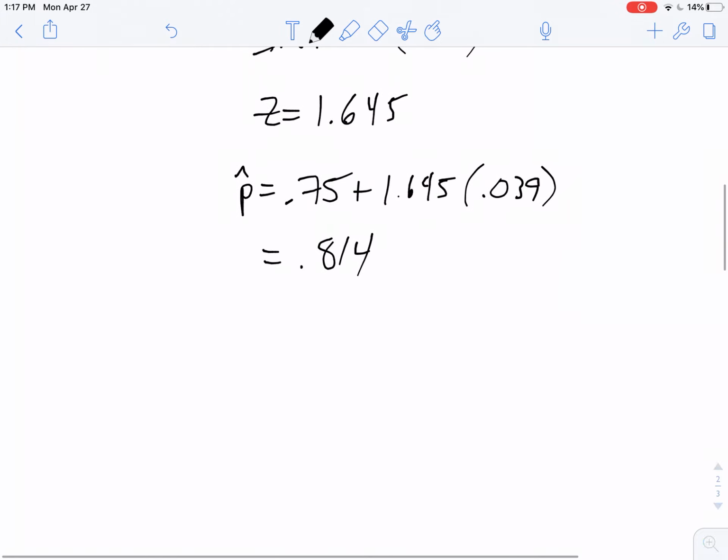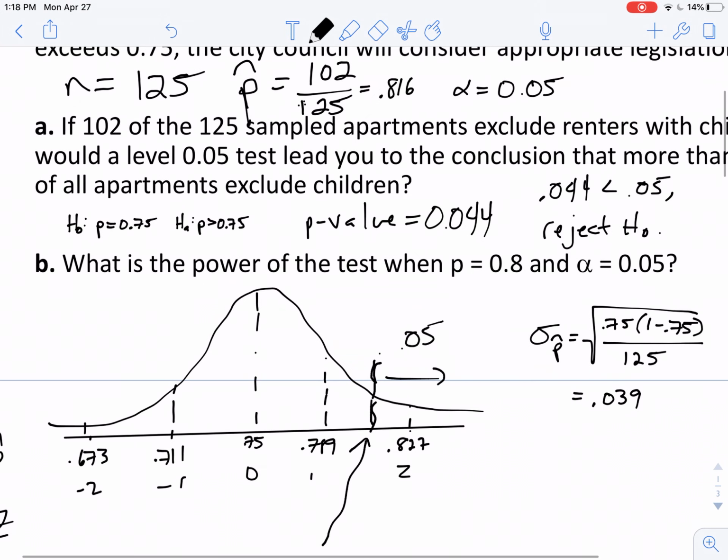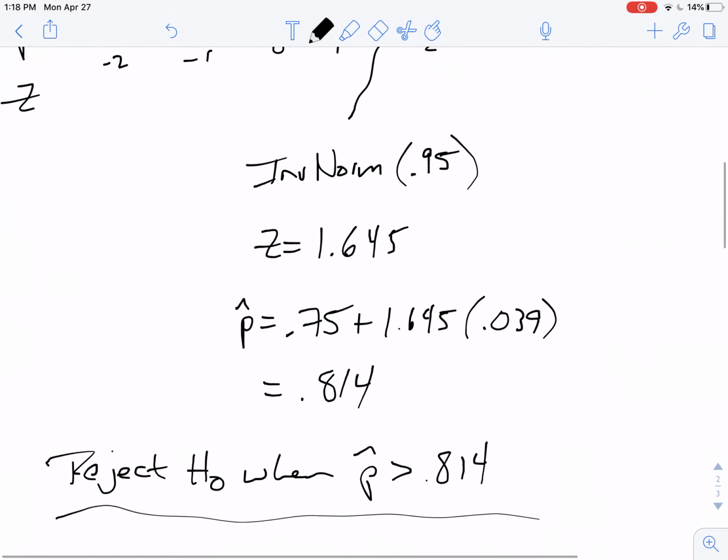So what that tells me is I'm going to reject the null for any p hat value greater than 0.814. Okay, so that's kind of the first step of these power problems, is to figure out what is that rejection value.